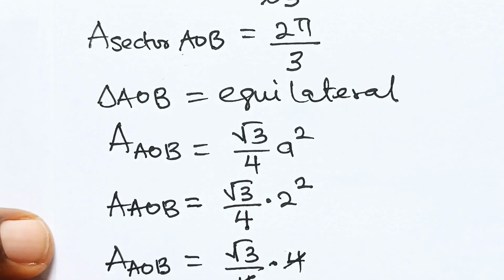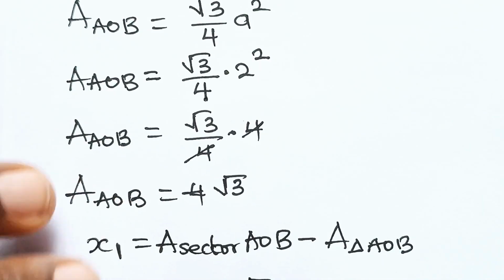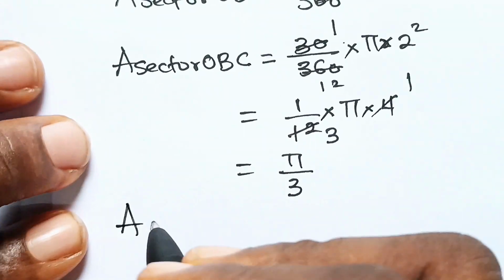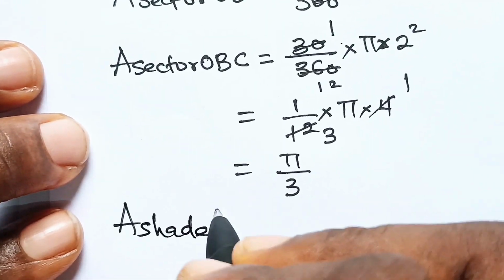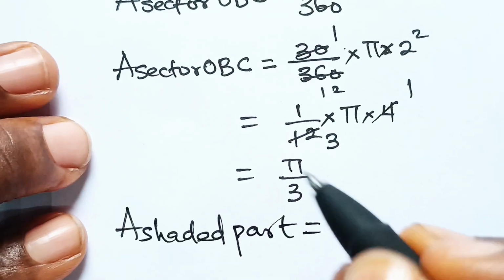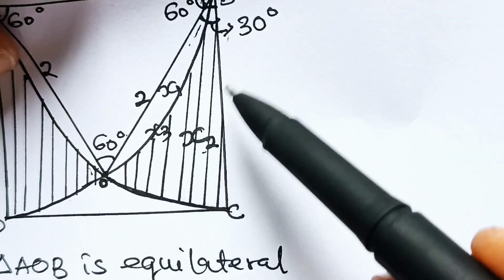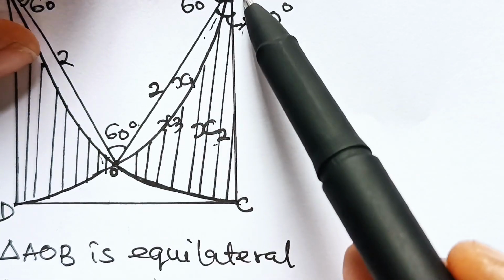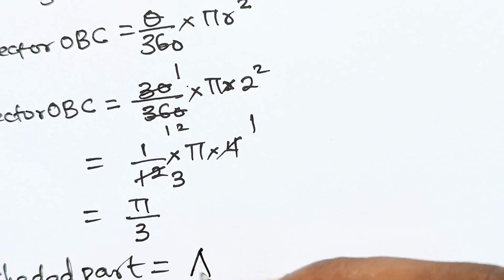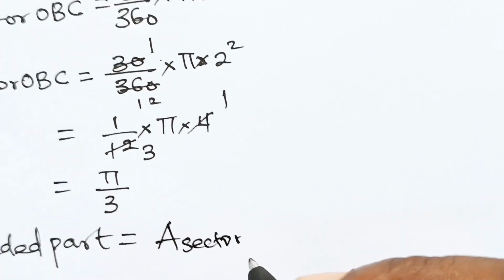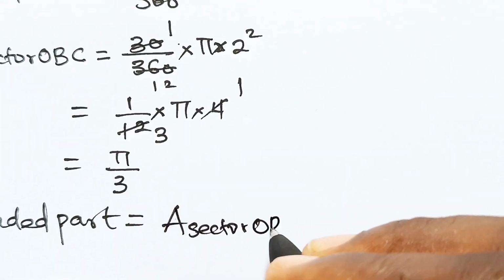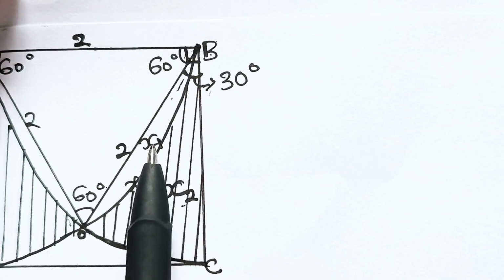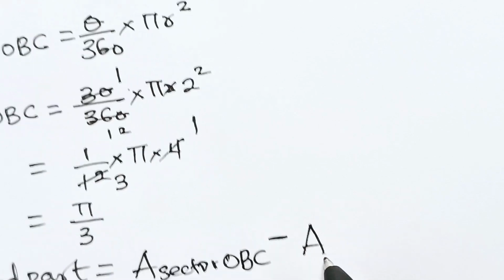So the area of the shaded part will be equal to the whole of this, which is the area of sector OBC, minus our x1.